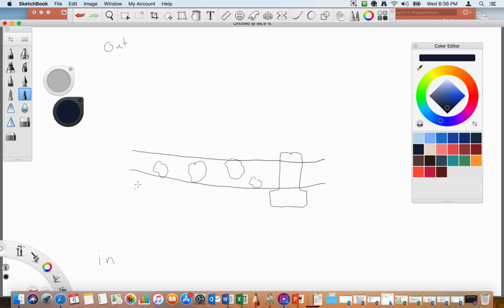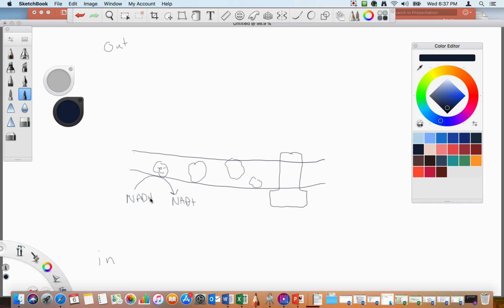What's going to happen is the NADH is going to give electrons and lose hydrogen to these cytochromes.